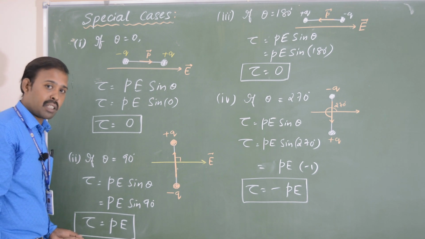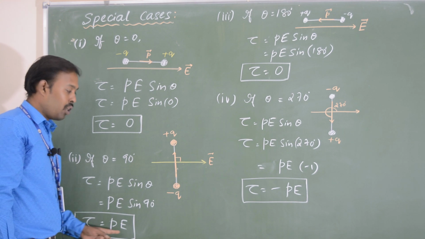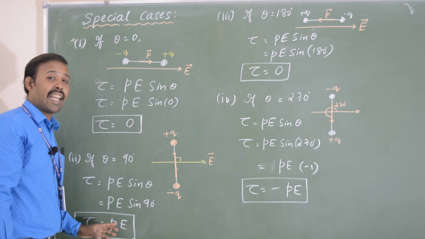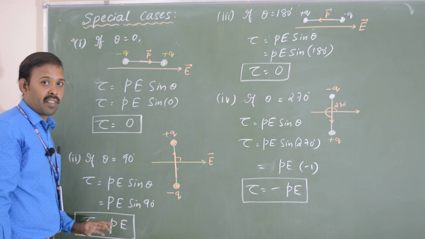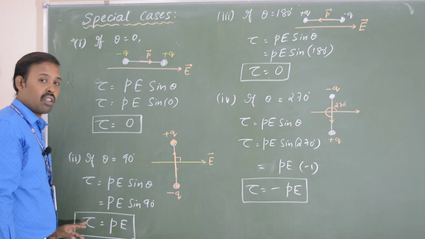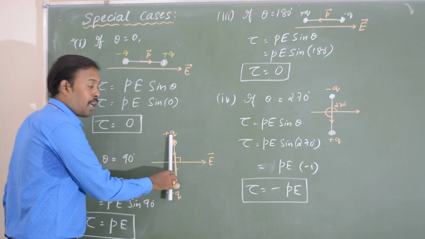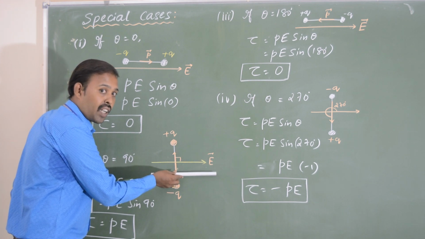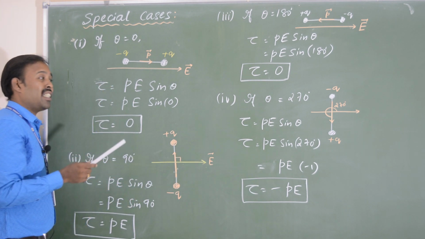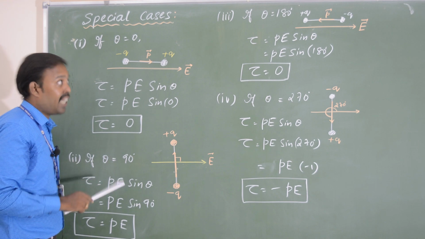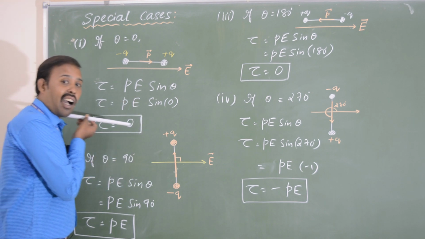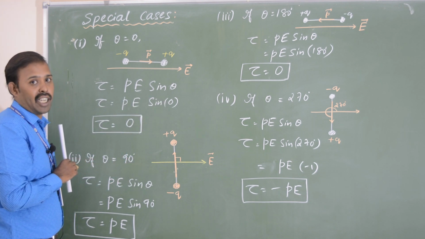That is tau is equal to PE. That means it experiences a maximum torque, tau is equal to PE, when the dipole is perpendicular to the direction of electric field, and it experiences a minimum torque when the dipole is along the direction of electric field.